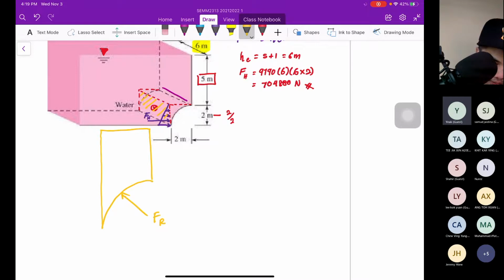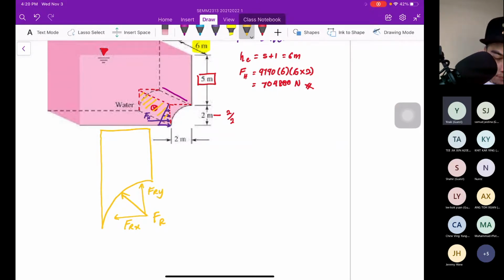So the FR must act in this direction and this direction. This is FRX. This is FRY.